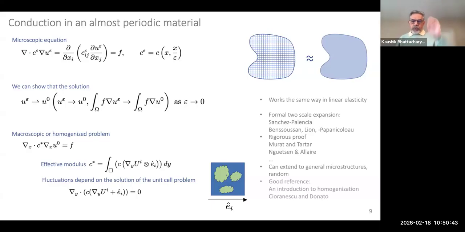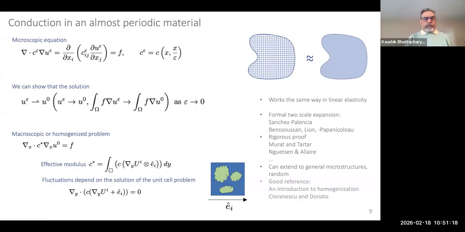And if you're more interested in the mathematical side, there's a very nice introduction by Cioranescu and Donato, which does not only the formal part, but also the rigorous math proofs of this. But this is a very simple example where I can replace this almost periodic medium with a slowly varying homogenized medium and replace this conductivity with an effective conductivity C star.